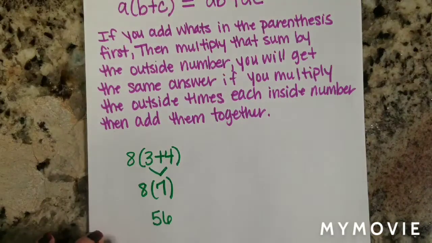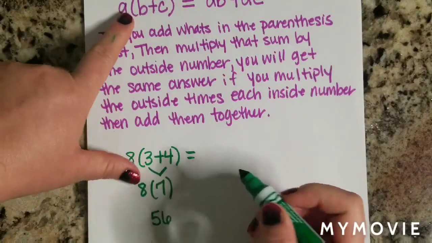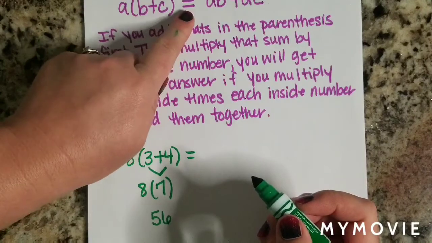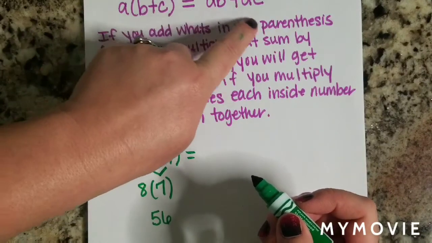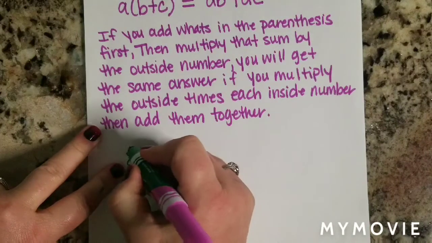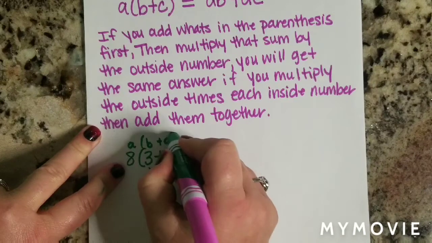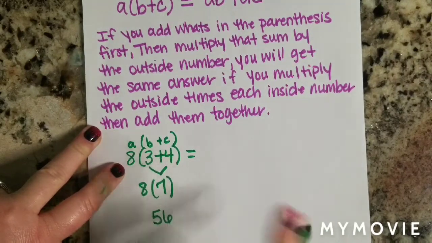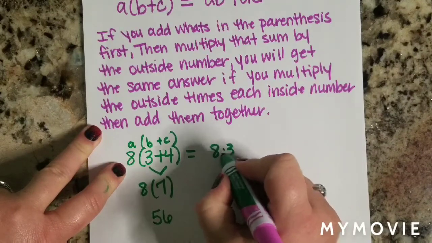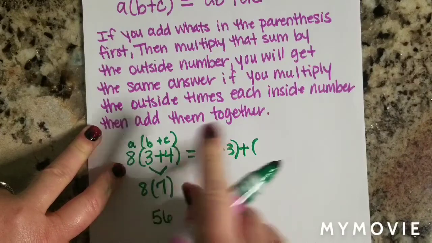Well, let's try to distribute. So up here we said A times B plus C was the same thing as AB plus AC. So if this is A and this is your B plus C in numbers, then we could also do this. 8 times 3 plus 8 times 4.